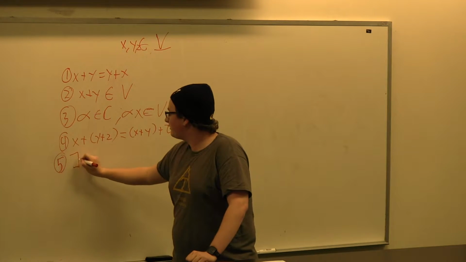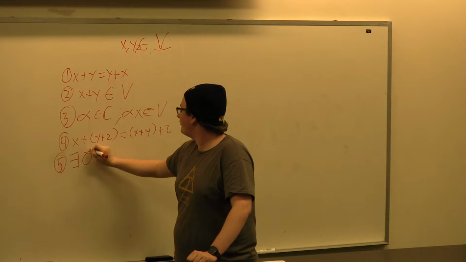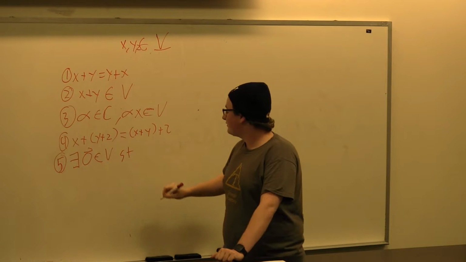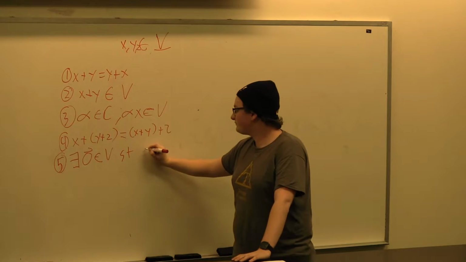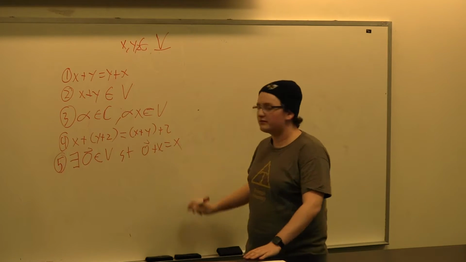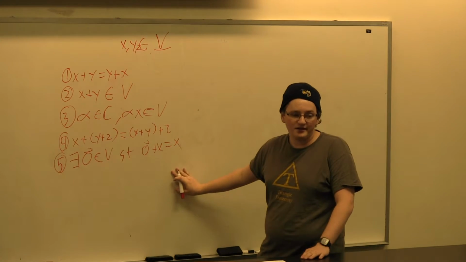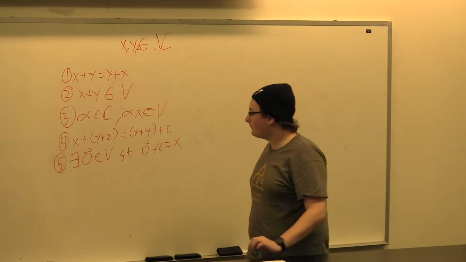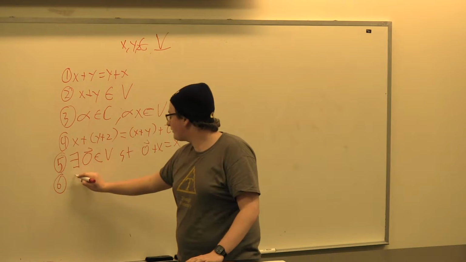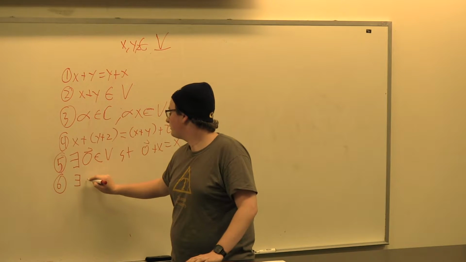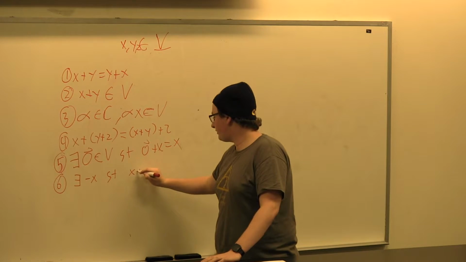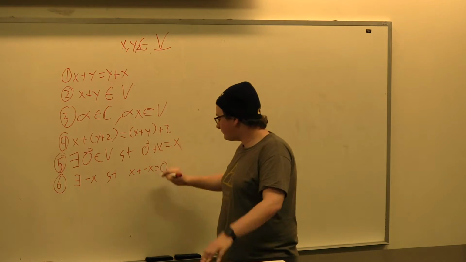There exists an element called 0 in V such that 0 plus X is equal to X, so there's an additive identity. 6. There exists a negative X such that X plus negative X equals 0.